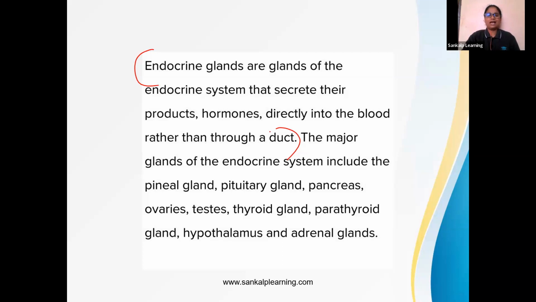Endocrine glands are the glands of the endocrine system that secrete their products, hormones, directly into the blood rather than through a duct. Did you complete, Panchami?